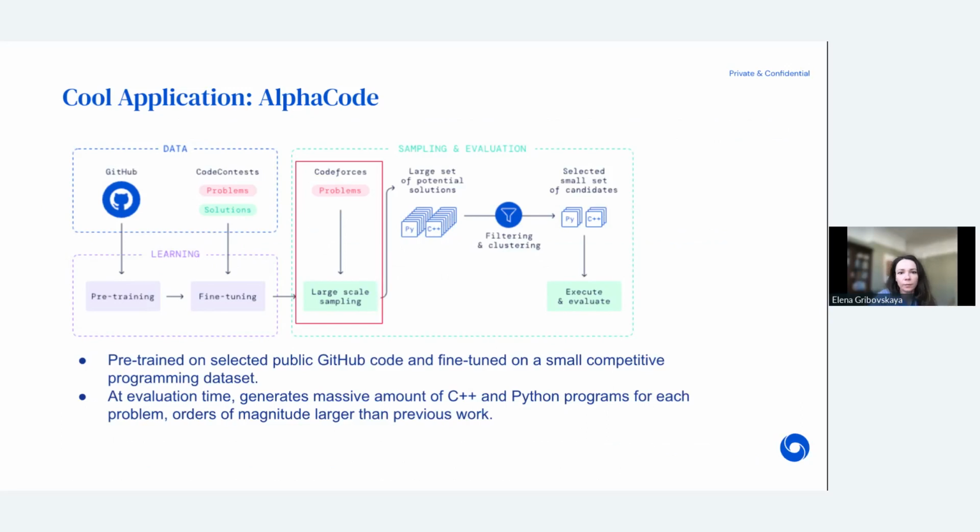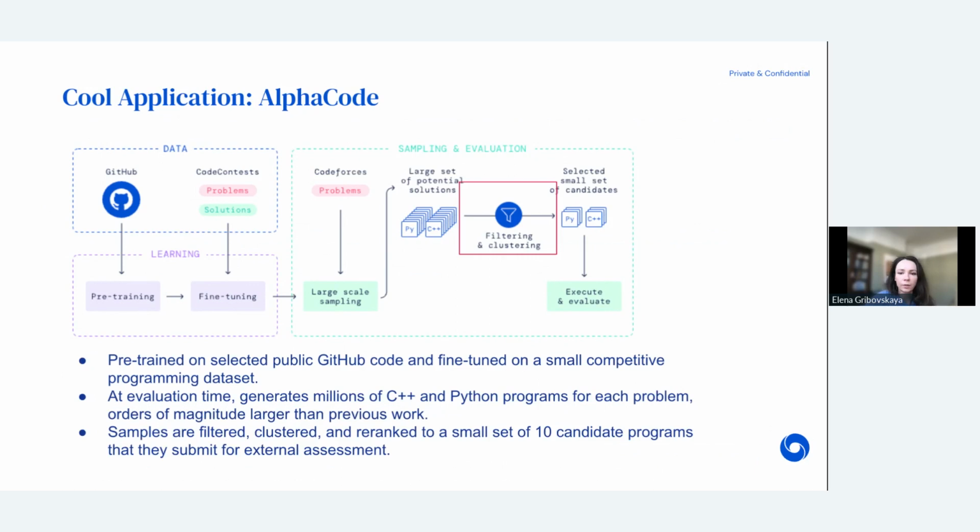And then there's an important step of filtering these candidates and clustering them so as to come up with a small set of 10 candidate programs that can then be submitted for external assessment. Because only 10 submissions are allowed, from these 1 million candidates we need to distill and find the 10 most promising solutions.